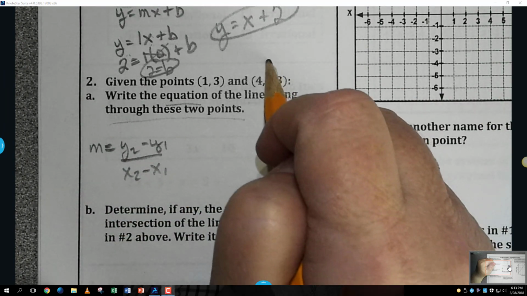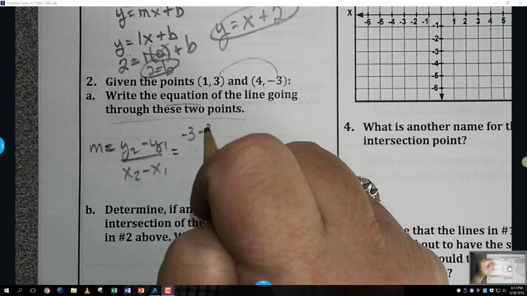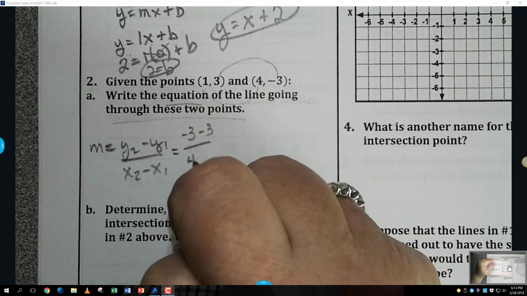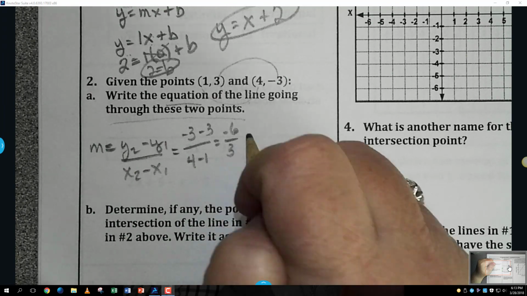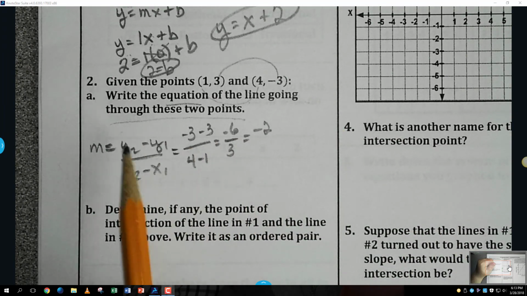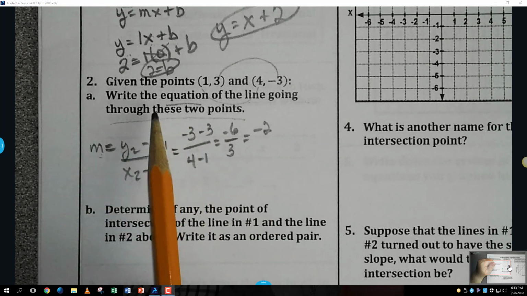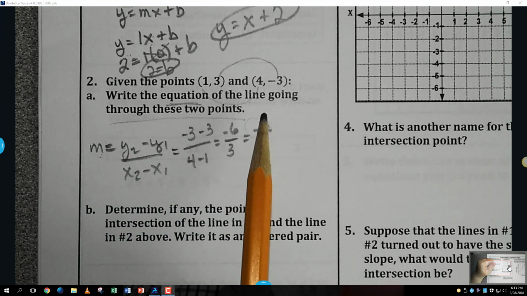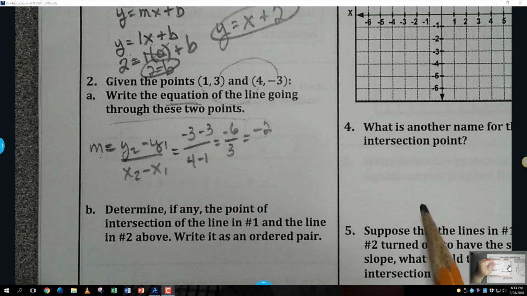I'm going to have negative 3 minus 3 divided by 4 minus 1. So negative 6 divided by 3, which is going to give me a negative 2. But that's not what they asked for. They didn't just ask for the m, they asked for the equation of the line. So while you have to figure out the m, that's only the slope. You still have to come up with an equation.